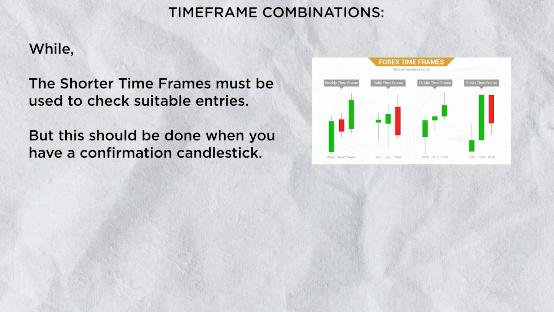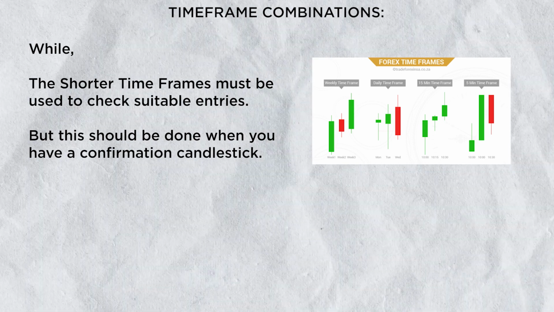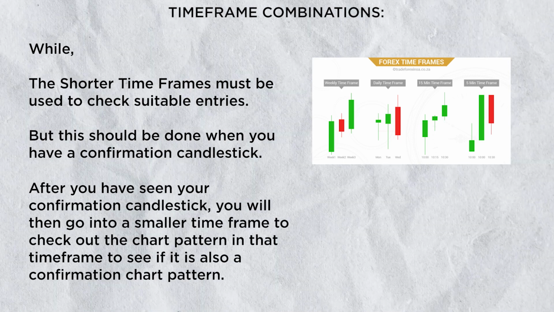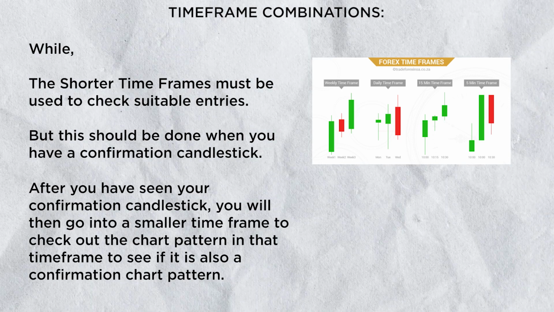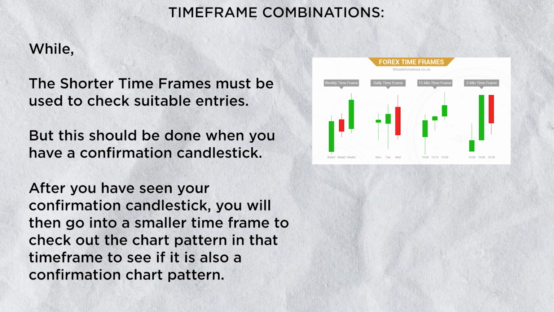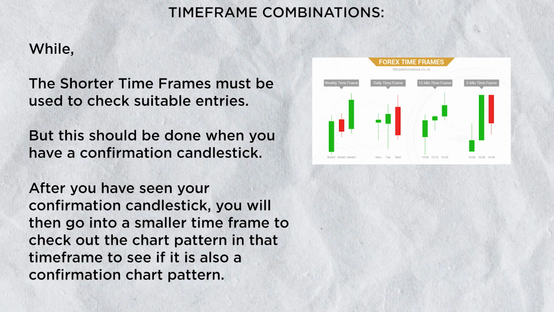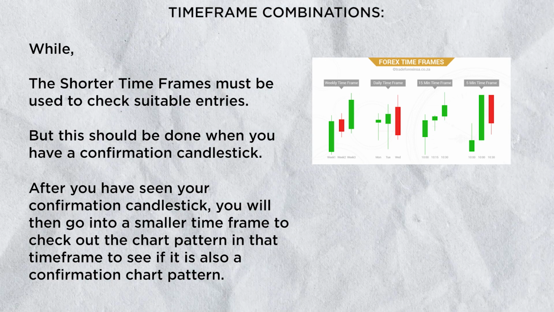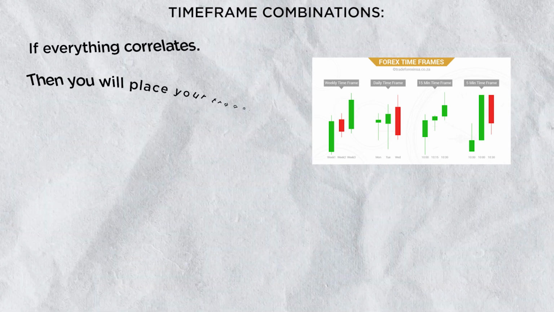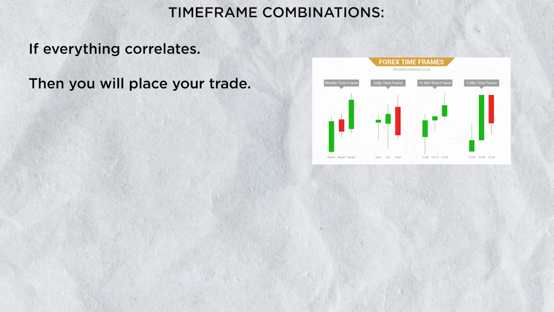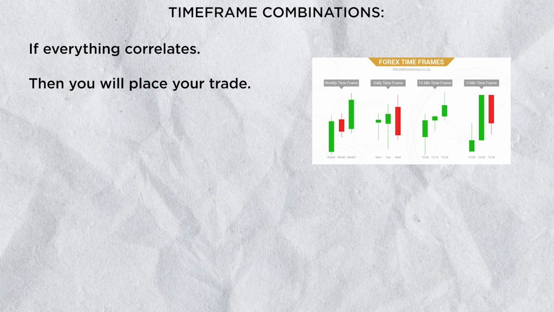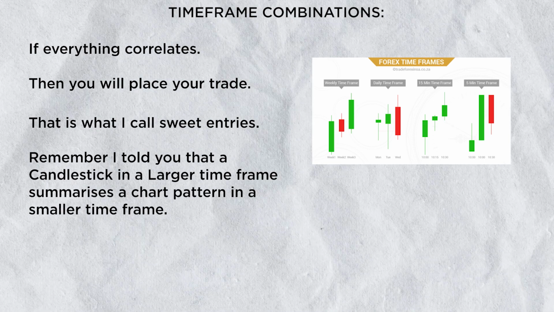But this should be done when you have a confirmation candlestick. After you have seen your confirmation candlestick, you will then go into a smaller time frame to check out the chart pattern in that time frame to see if it is also a confirmation chart pattern. If everything correlates, then you will place your trade. That is what I call sweet entries.